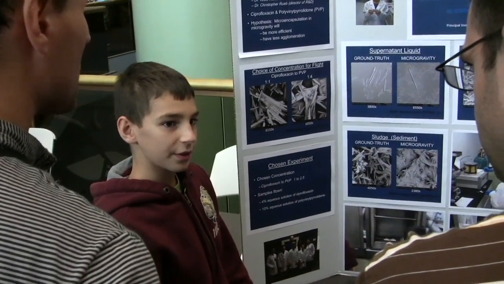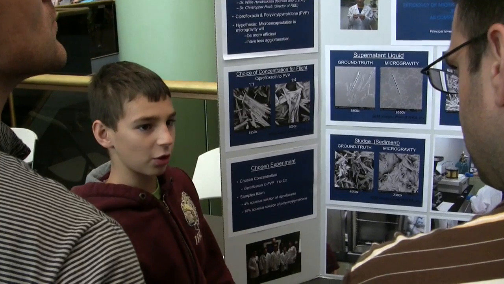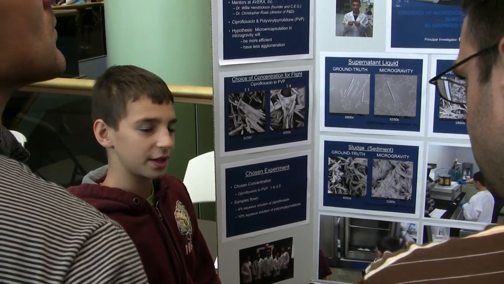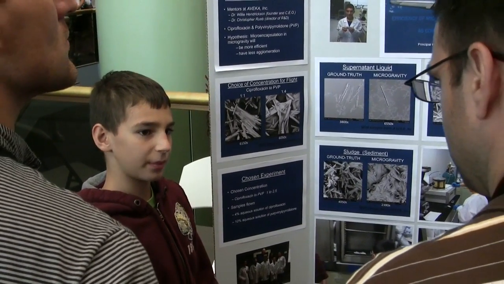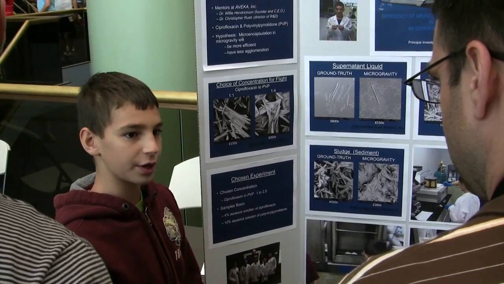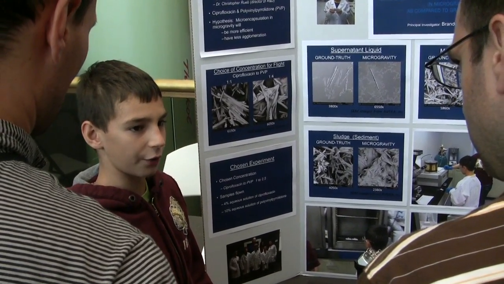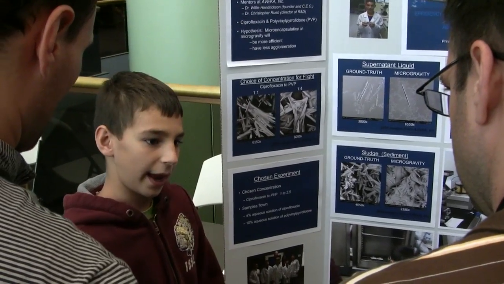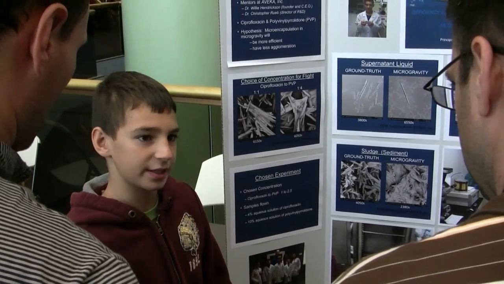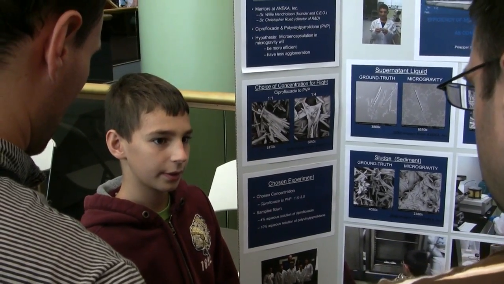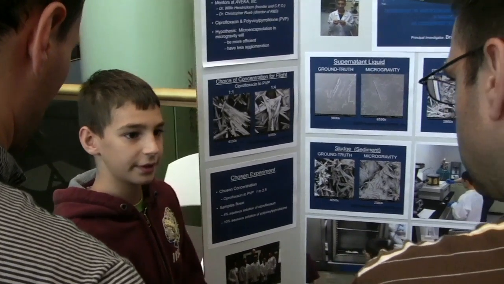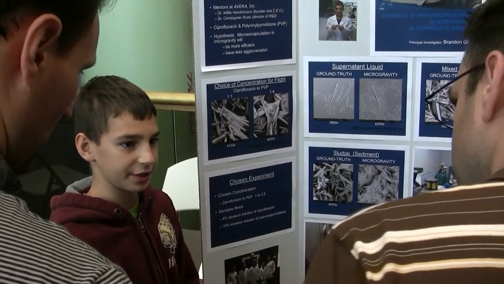My hypothesis was that in space, the polyvinyl polymer would coat the drug more efficiently, and I mean efficiently by the drug would be coated more smoothly. There would be more of the coating on the drug, and that there would be less agglomeration. What does that mean? Less lumping together, basically sticking together.